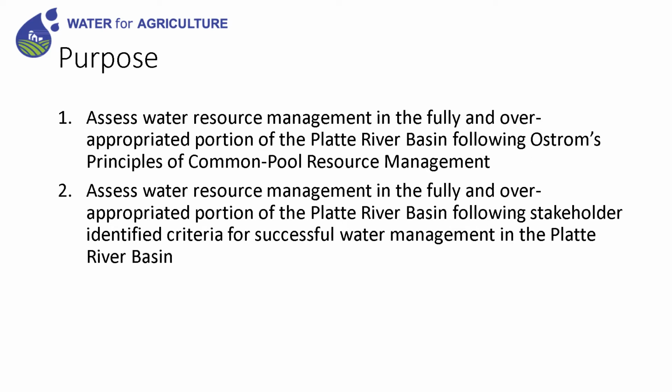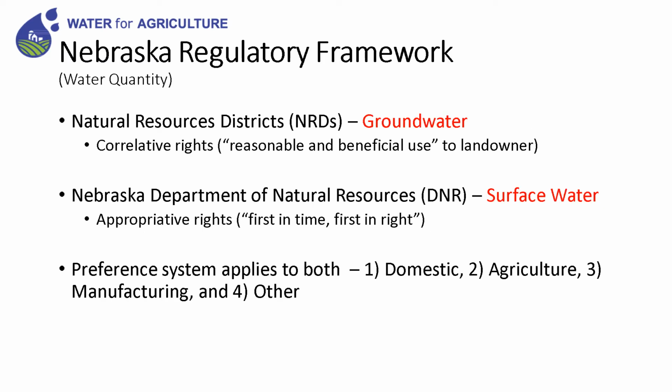I can talk a little bit more about what these criteria are in a second, and Ostrom's principles. First, let me give you a little bit of background of the regulatory framework in Nebraska regarding water quantity. It's bifurcated. Groundwater is managed at the local level with natural resources districts. These natural resources districts are comprised of local elected boards with the general manager and staff to regulate groundwater.